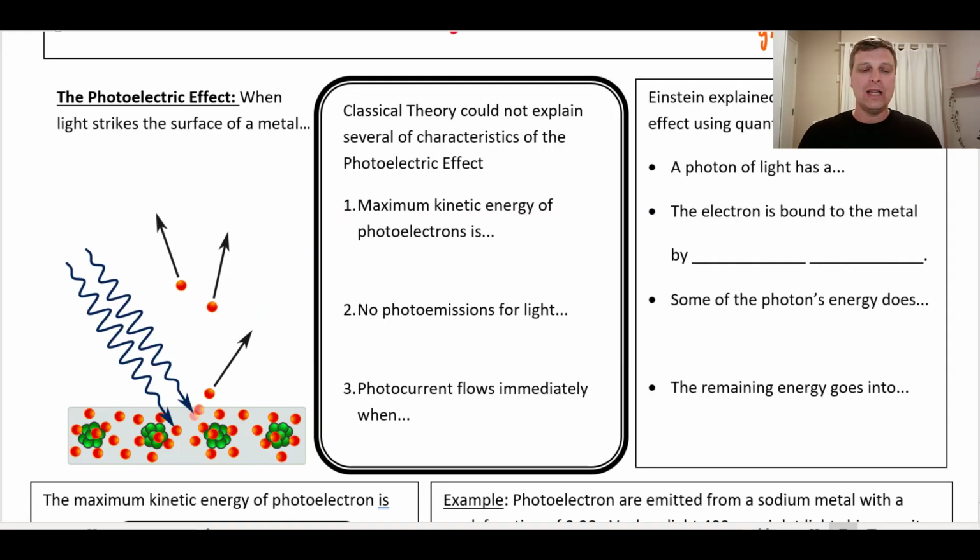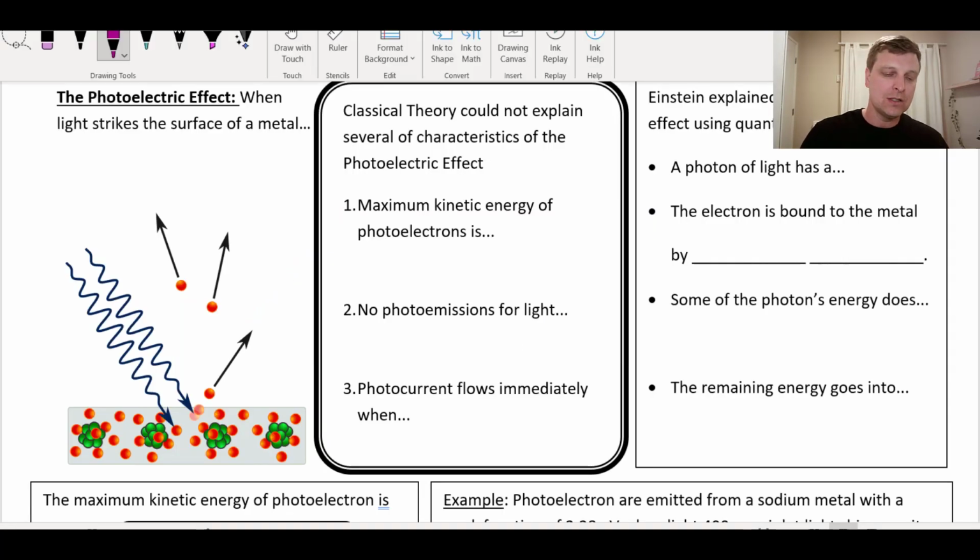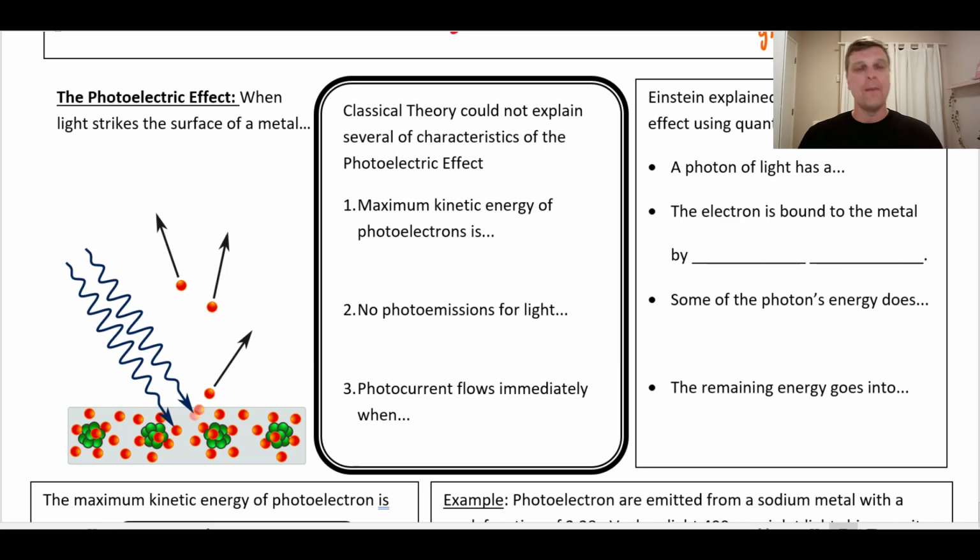So in our photoelectric effect, the problem with classical physics was the following. One, the maximum kinetic energy of the electrons is related to the frequency of the light, not the intensity.